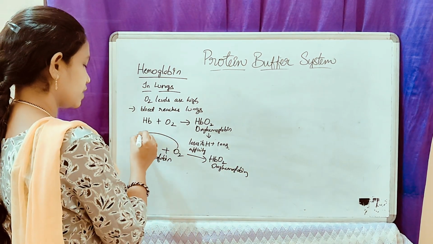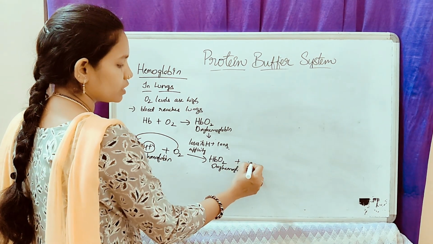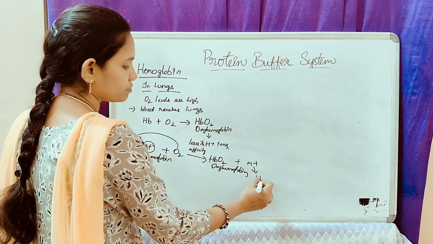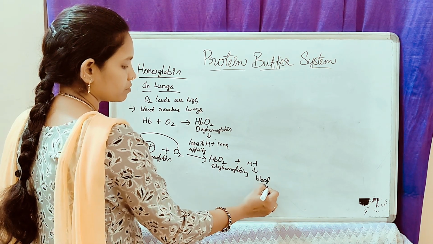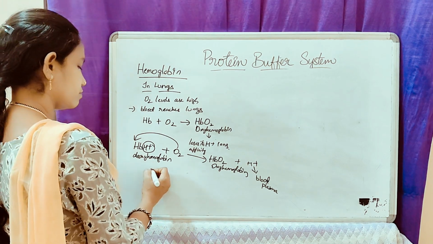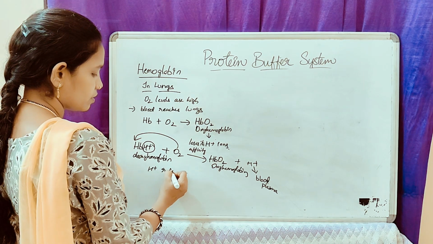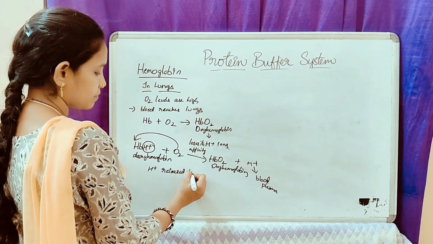So here oxygen combines with hemoglobin and H plus ions are released into the blood plasma. What will happen? So H plus ions are released into the blood plasma.